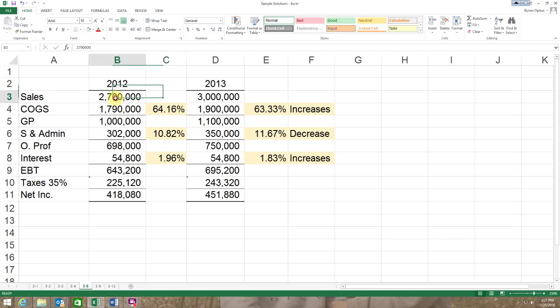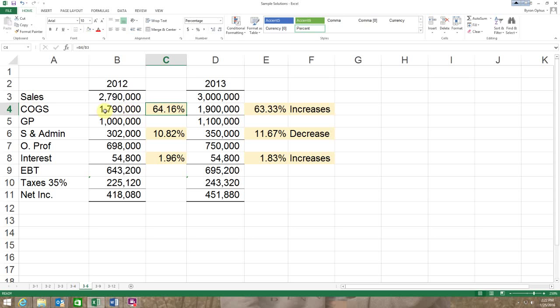Okay, so I've input all the data, and you guys can do the same. And again, I think I made some data up, and it doesn't matter. But now I've got to calculate what my percentages are.